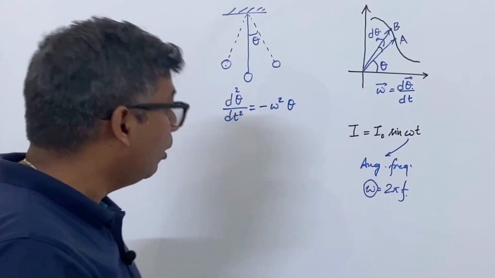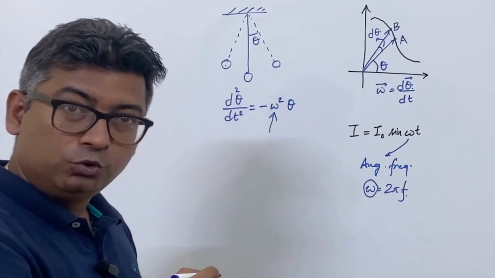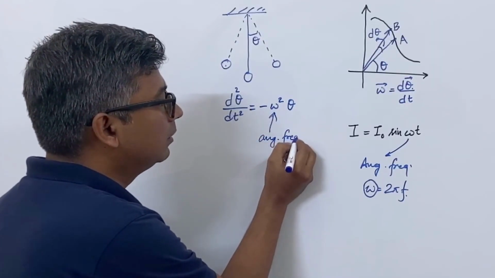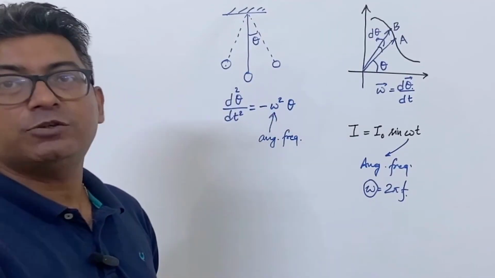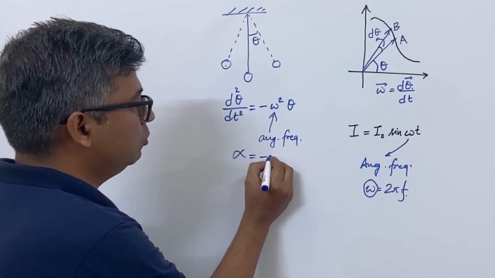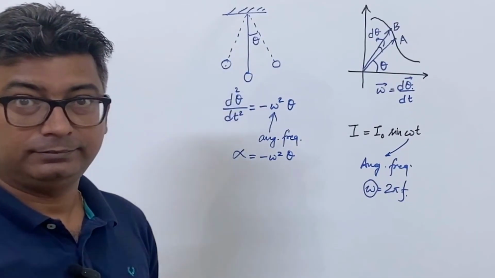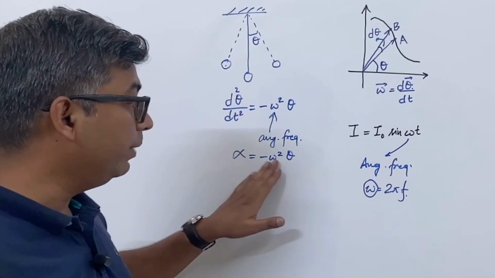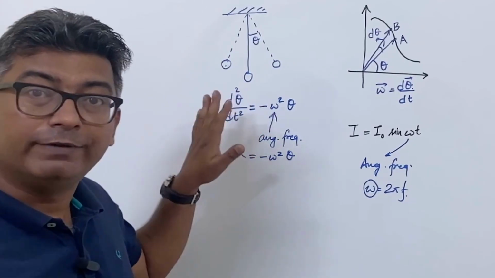Now the problem is this omega, which is equal to 2 pi f, is angular frequency, but this theta is angular displacement. And this can also be written as alpha equal to minus omega square theta, and this is angular acceleration.